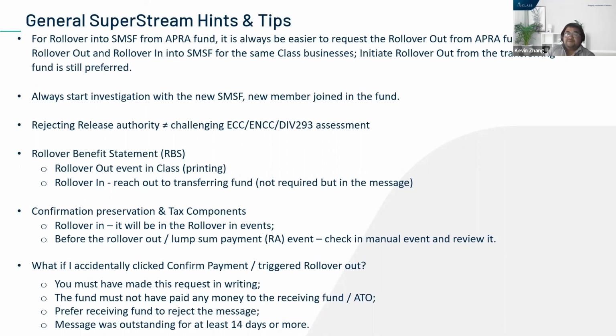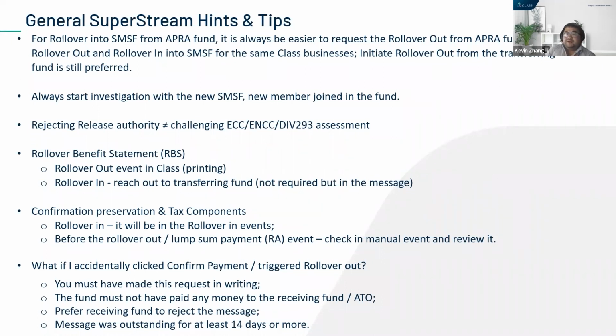Finally, if you accidentally click confirm payments without actually making the payments, or trigger rollover out requests with no intention to actually transfer money to the receiving fund, then if you want to reverse those transactions, you must contact our support, making the request in writing.